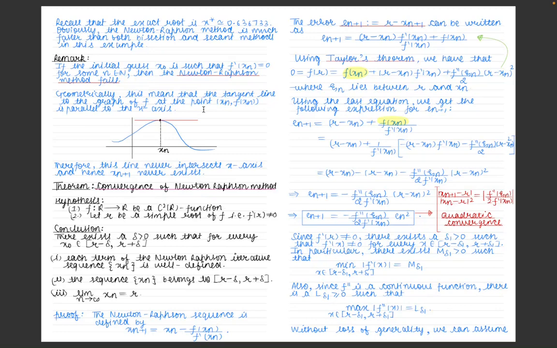Geometrically, this means that the tangent line to the graph of f at the point xn comma f of xn is parallel to the x-axis, right?